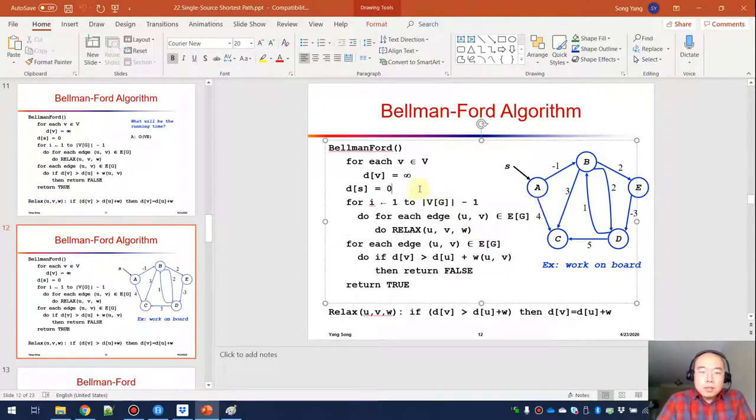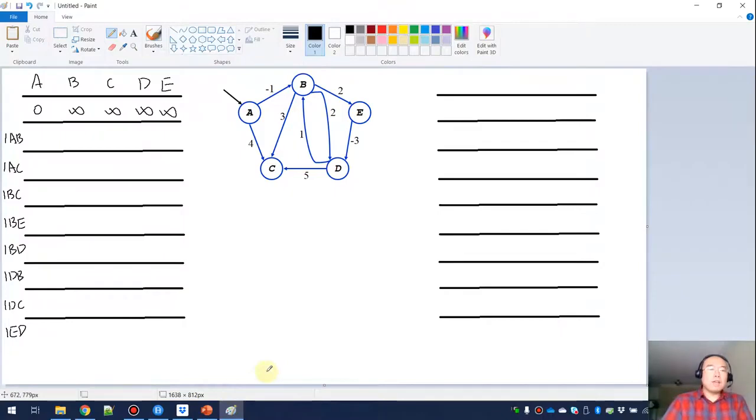Okay, so we start from the first part. In the first iteration, we set d for each of the vertices to be infinity, and for the source, that is 0. We have a total of 5 nodes, A, B, C, D, E. For A, that is 0, and for B, C, D, E, they are all infinity.